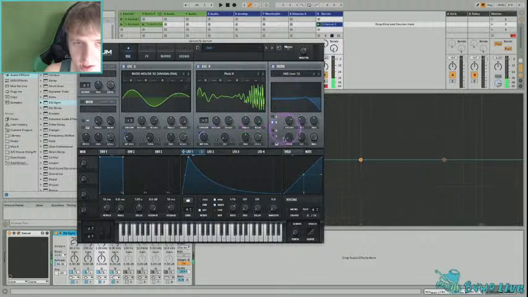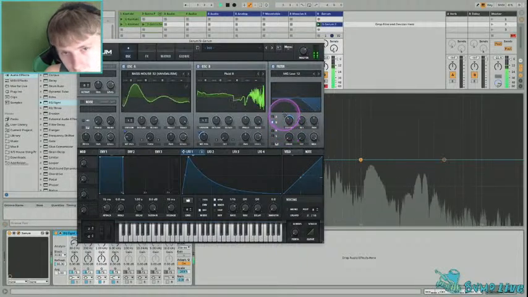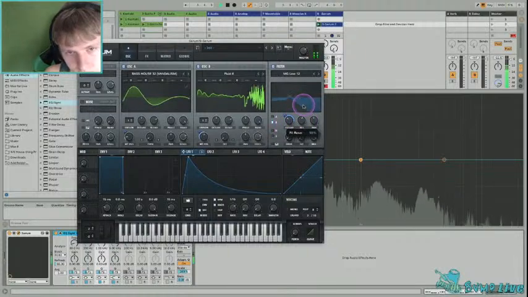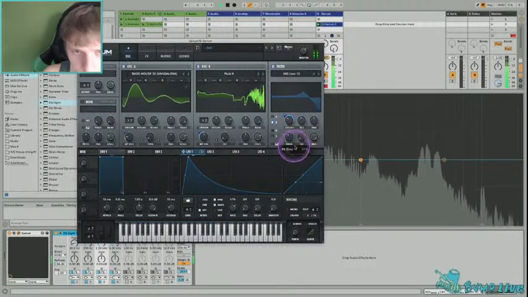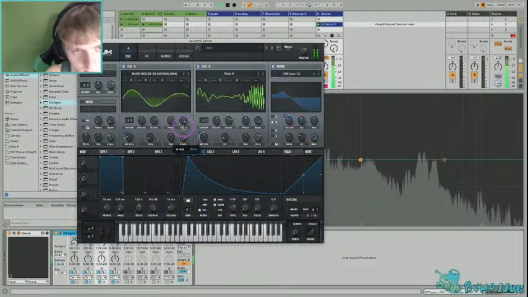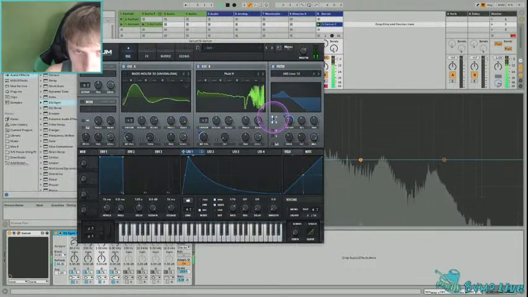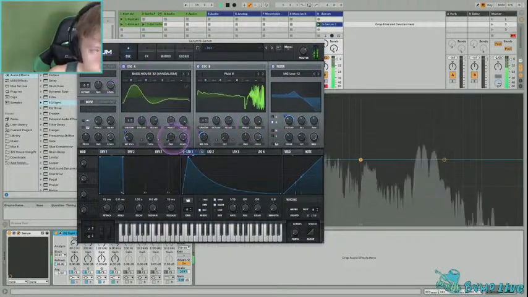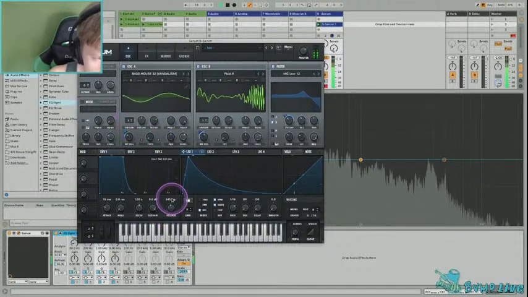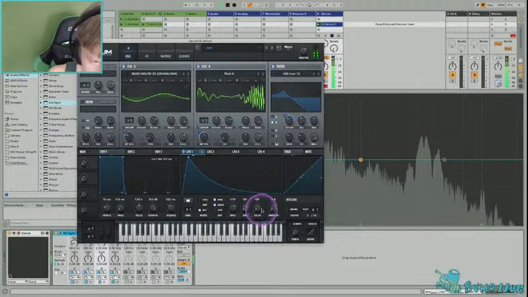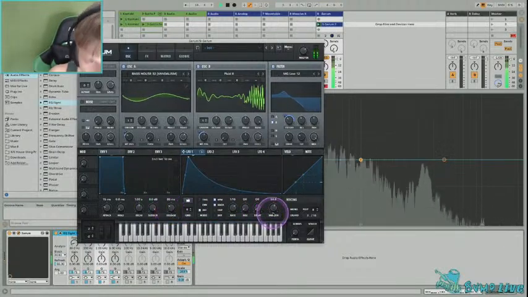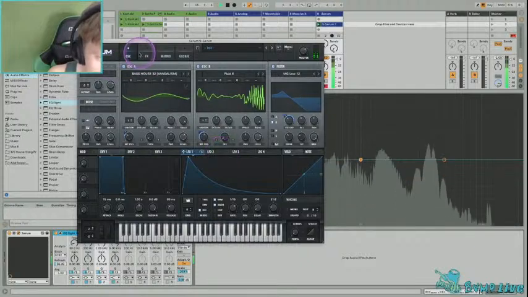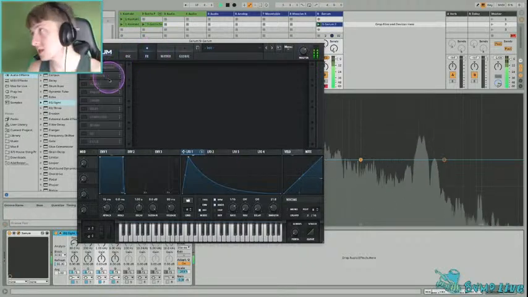Let's put a filter on just oscillator 2. So I want to move the cutoff of that filter with this as well. And then I've got some effects I can apply afterwards.